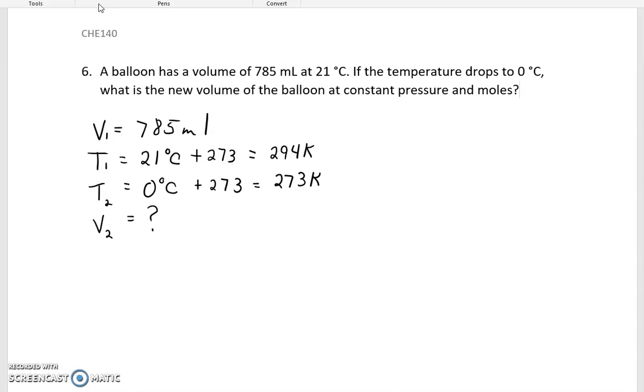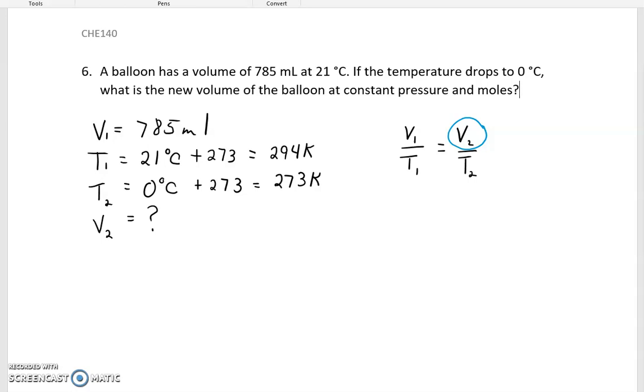Now our formula for this part is that V1 divided by T1 is going to be equal to V2 divided by T2. Now the only one we don't have is this V2. That's the one we want to solve for. We want it to be by itself, and so we want to get rid of the T2.